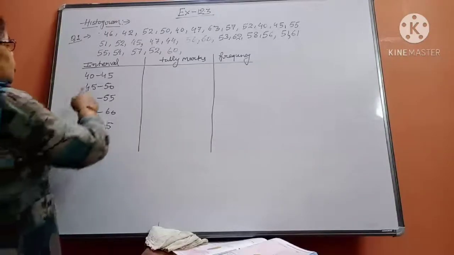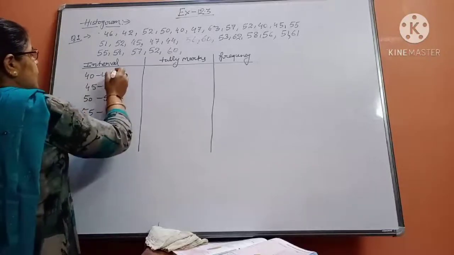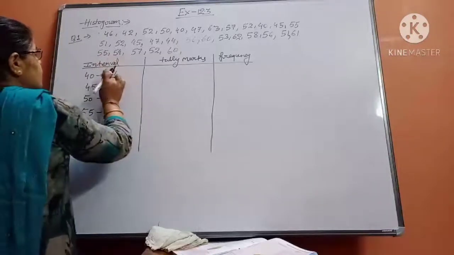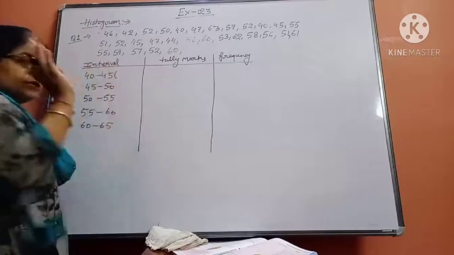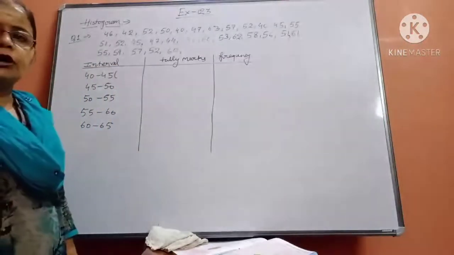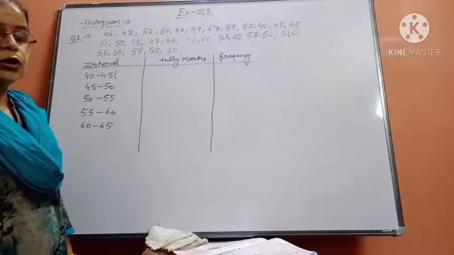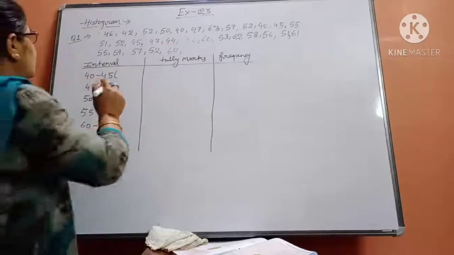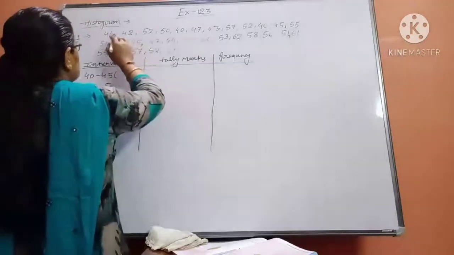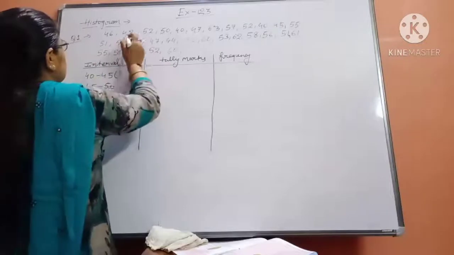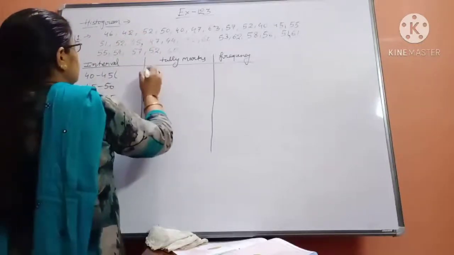Now see 40 to 45, which numbers will be included? I am writing here so that you may understand. 45 will not be included, so which numbers will be included? 40, 41, 42, 43 and 44. Keep in your mind. 46 will not come because it will come in the next interval. So 42, 1, cancel.